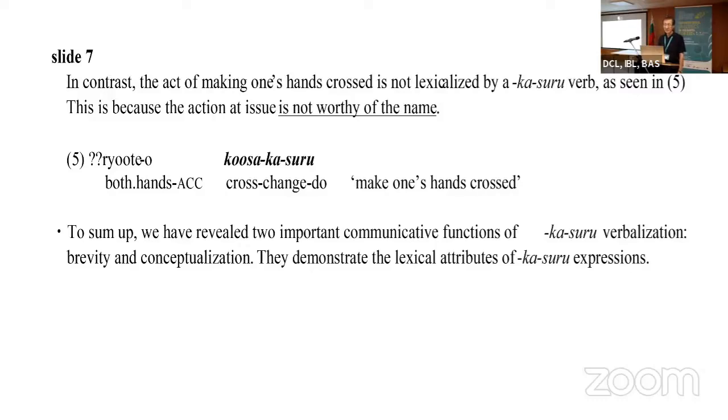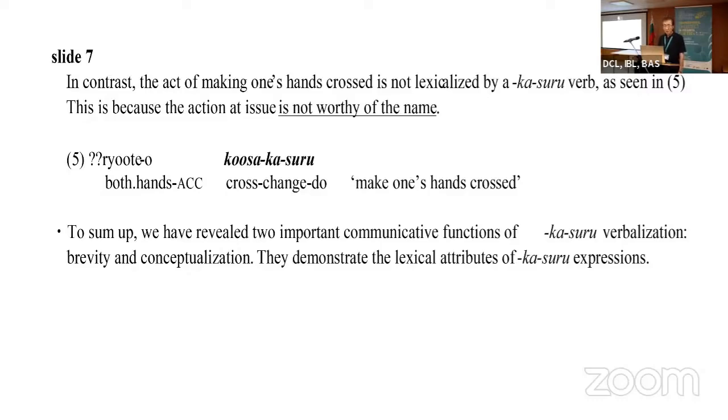This is because the action at issue is not worthy of the name. Number 5, 両手, both hands, を accusative, 交差, cross, 化, change, する, do. So 両手を交差化する means make one's hands cross, but this is not correct.